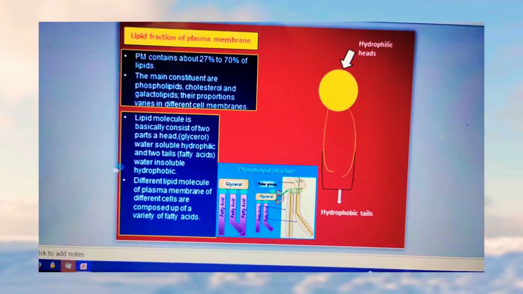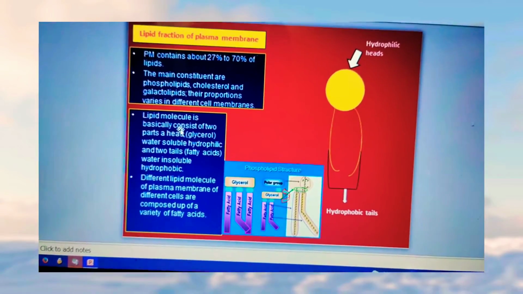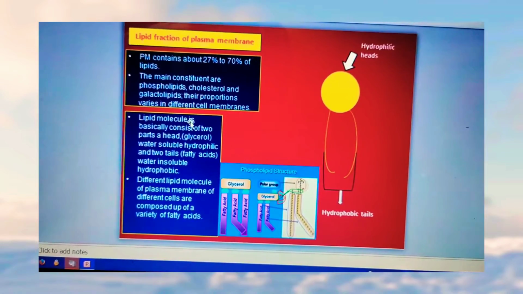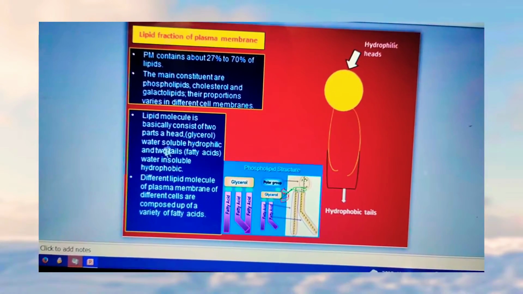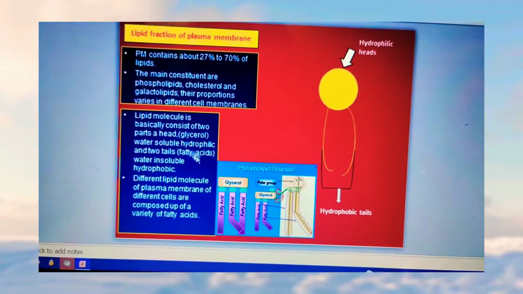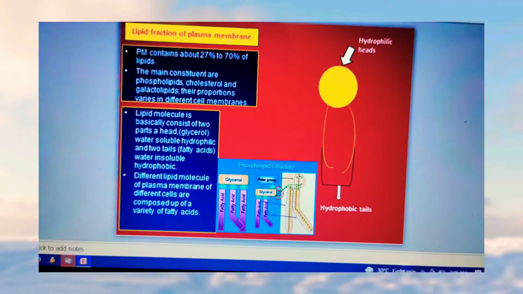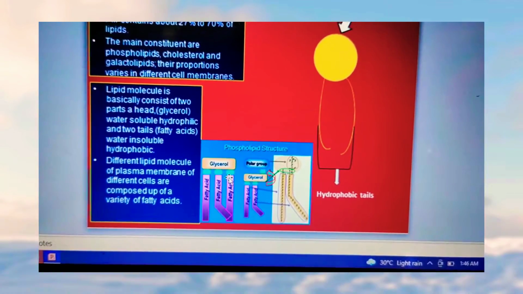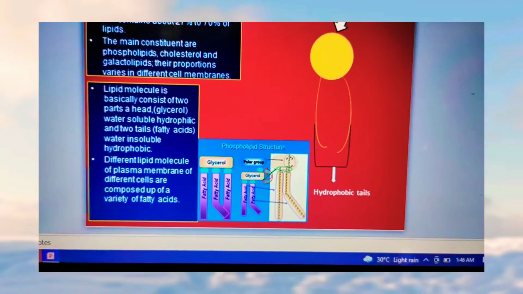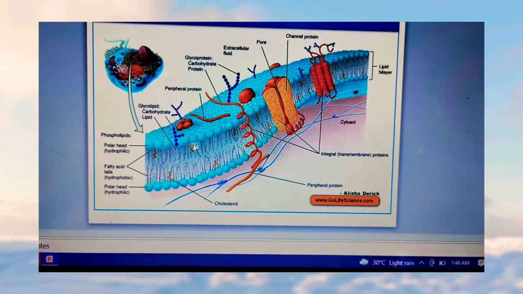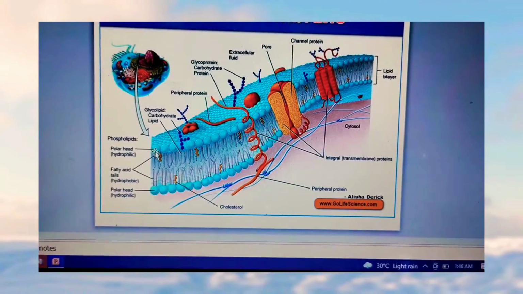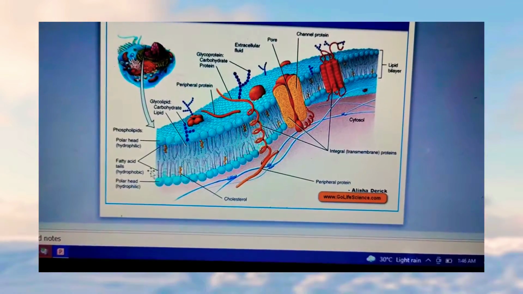Let us make it clear in this slide. A lipid molecule basically consists of two parts. Don't get confused, this image is only the enlargement of this phospholipid, polar head with polar tail.